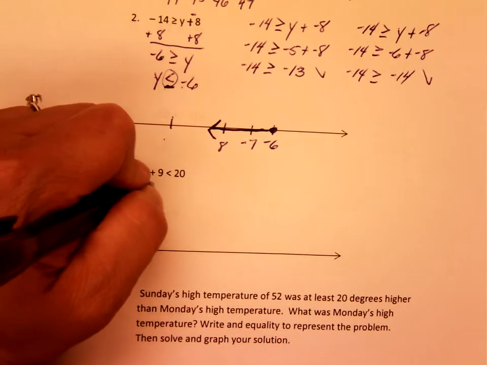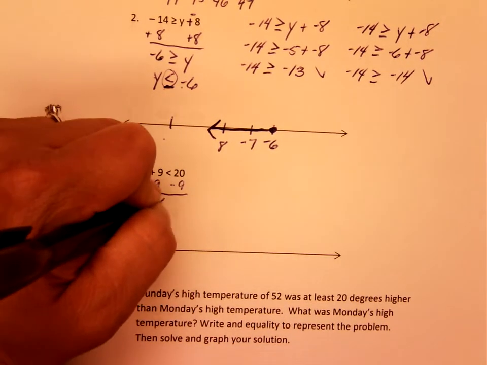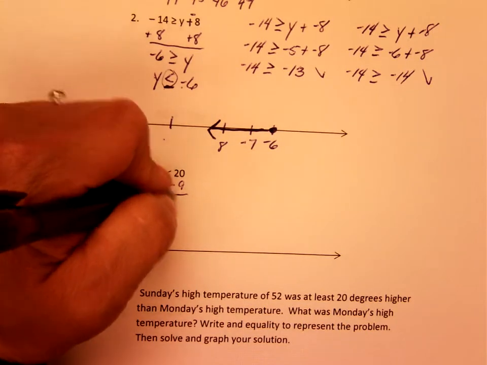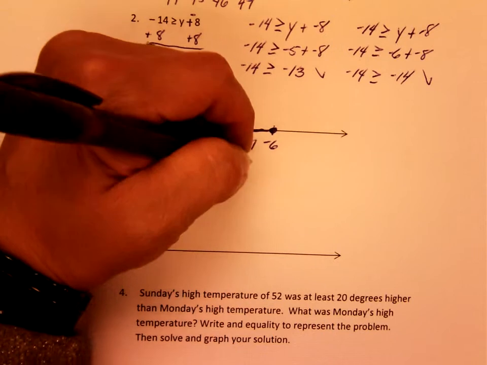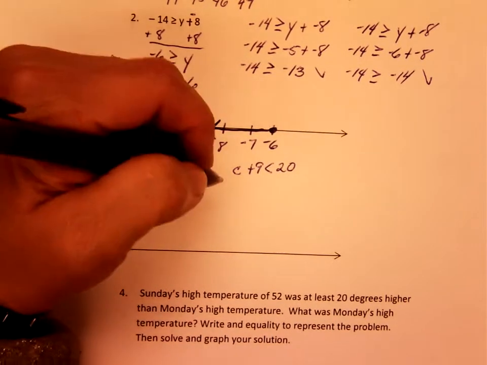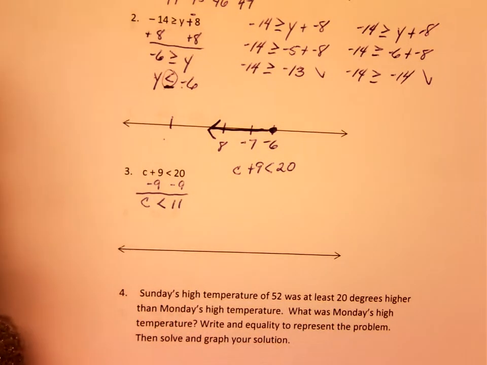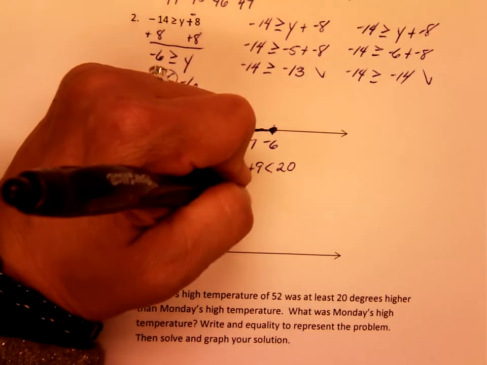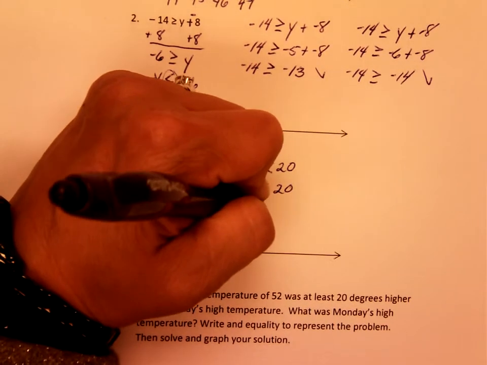You should have subtracted 9 on both sides, and you would have gotten c is less than 11. To do your check, you rewrite the original problem and replace c. Think of a number that is less than 11, which would be 10. 10 plus 9 is 19, which is less than 20.